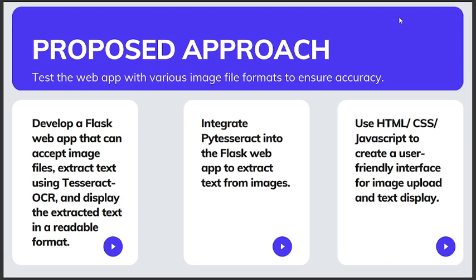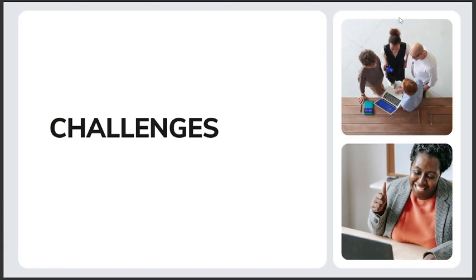Another step is to integrate Tesseract into the Flask web app to extract the text from images, and then we use HTML and CSS to create a user-friendly interface for image upload and text display.